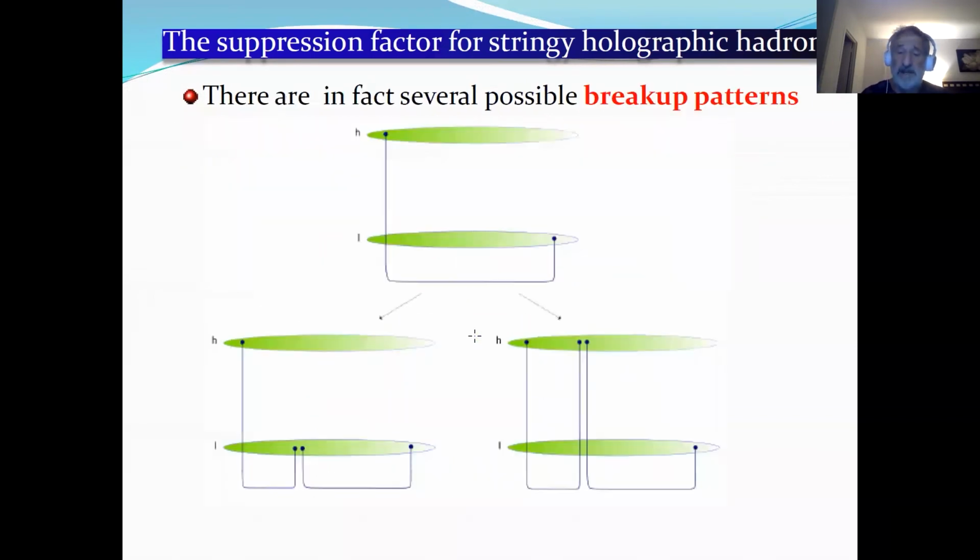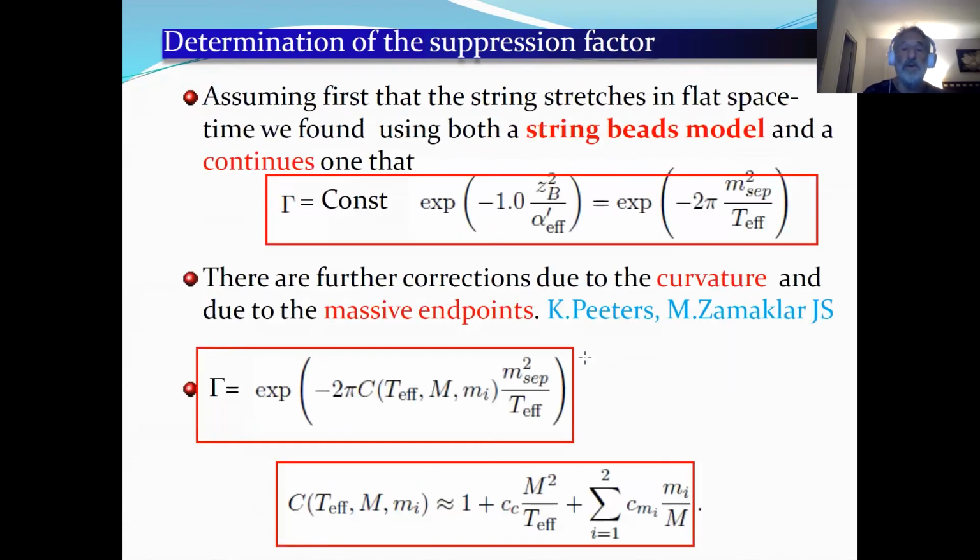For such a configuration, we have a breaking with a pair of light quark anti-quark or a pair of heavy quark anti-quark. The result depends on the height z squared over alpha prime, which translates to e to the minus m squared over T.